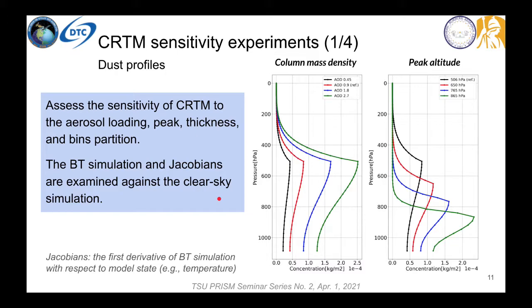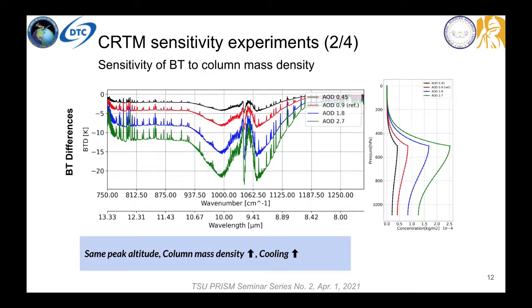Those are dust aerosol profiles I perturbed with different aerosol loading, different vertical distribution and thickness, and different bins partition of the dust aerosol profile. As you can see here, here are two examples from the column mass density sensitivity and the peak altitude sensitivity.